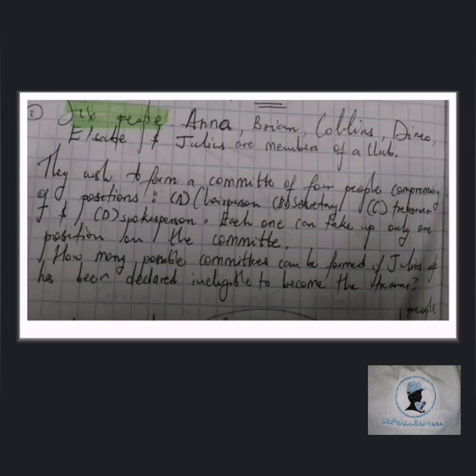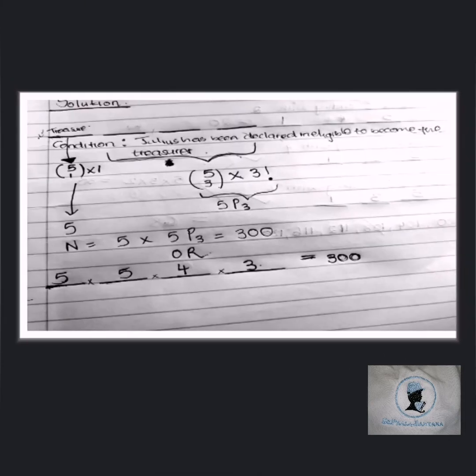So guys, we have 6 people, we have 4 positions, and they are saying that one is not allowed to be chosen as a treasurer, and that each one can take up only 1 position. So those are our conditions, right? Make sure that your answer meets the conditions.